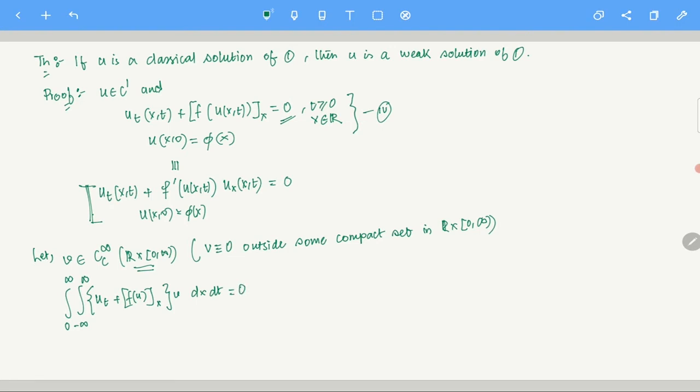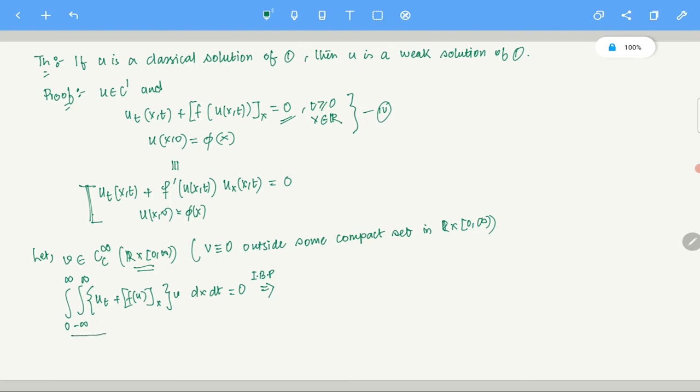Clear? Now I can use integration by parts here, and of course I can change the order of the integrals also, by using integration by parts and Fubini. I am not quite sure whether you know Fubini or not. Otherwise, whatever formula you know for changing your integral, we are using that. Once you do that, let's look at the first expression.